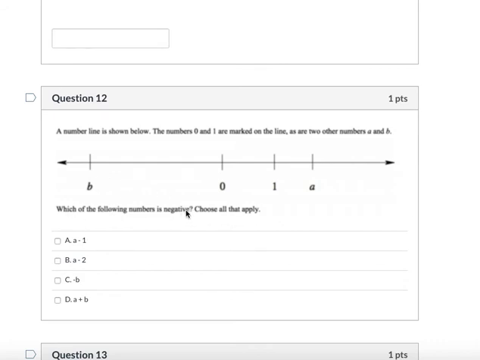Which of the following numbers is negative? Choose all that apply. A, A minus 1, B, A minus 2, C, negative B, D, A plus B.